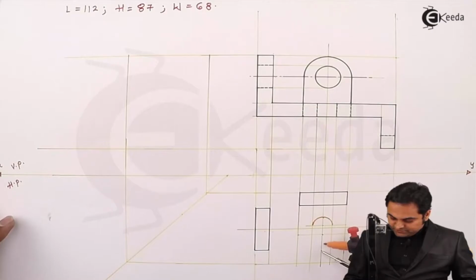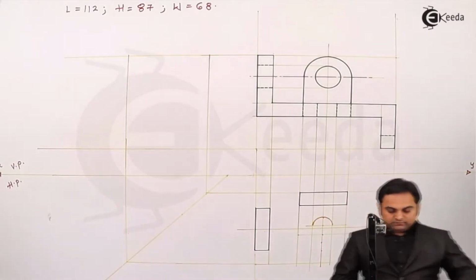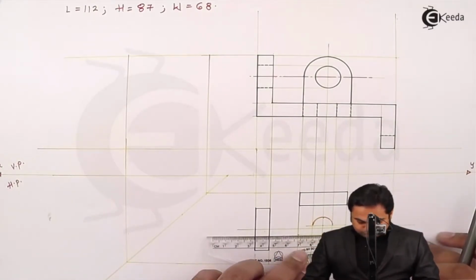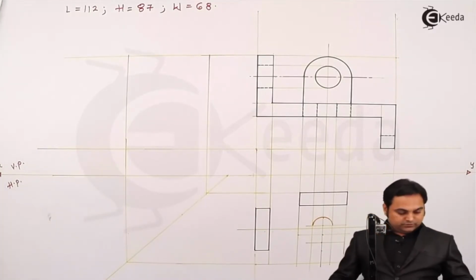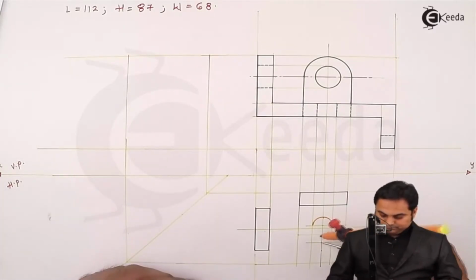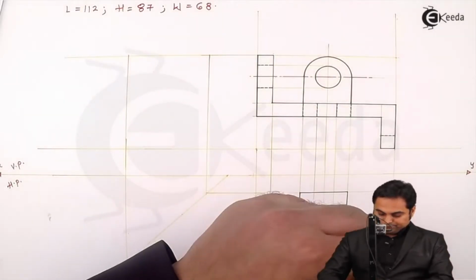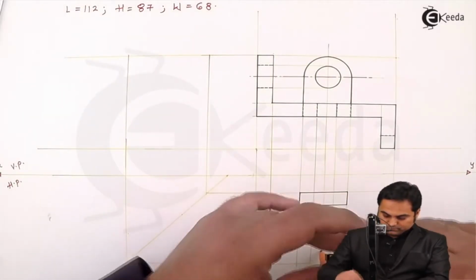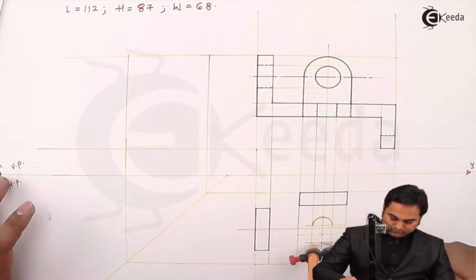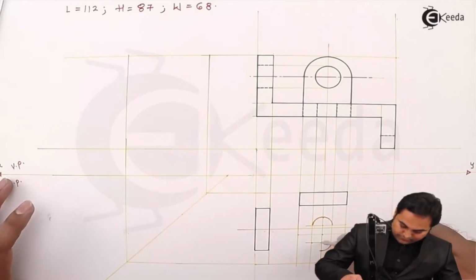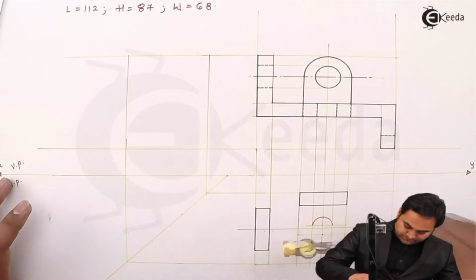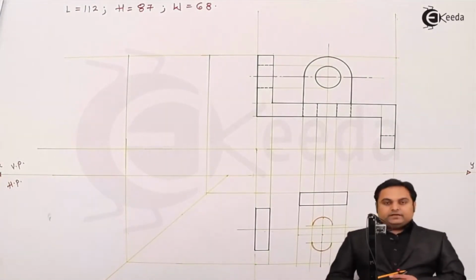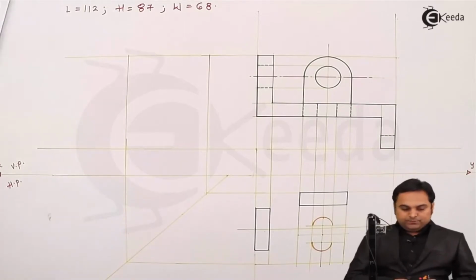Keeping the same distance from here, I'm marking the center, drawing a light horizontal line, drawing a light semicircle. Then as this portion is visible from top, I'll make it dark.